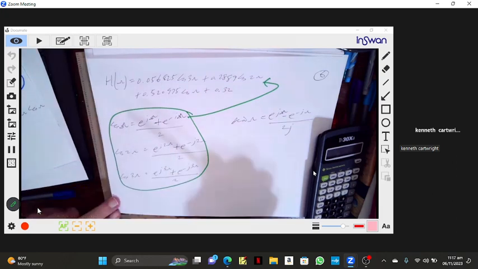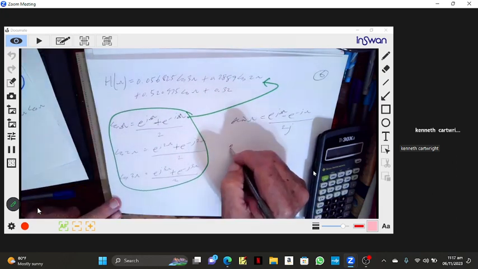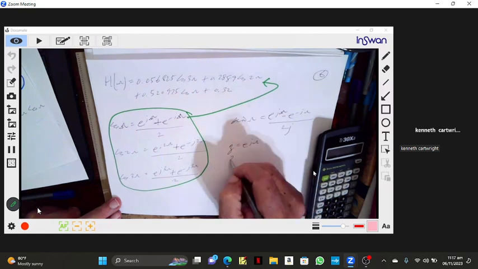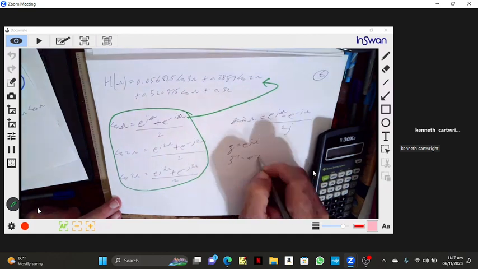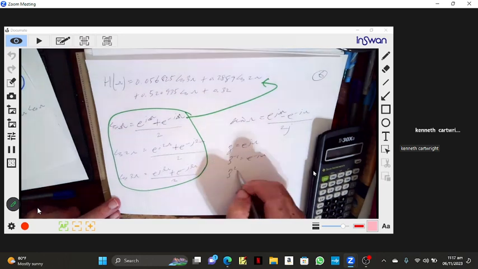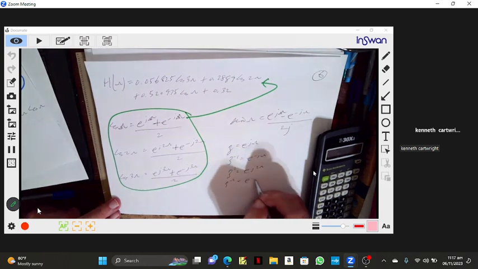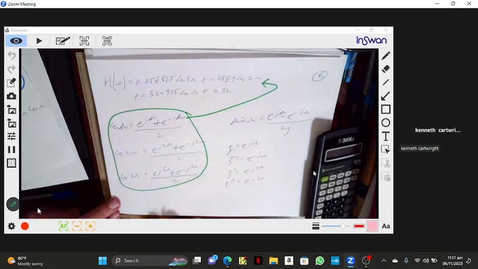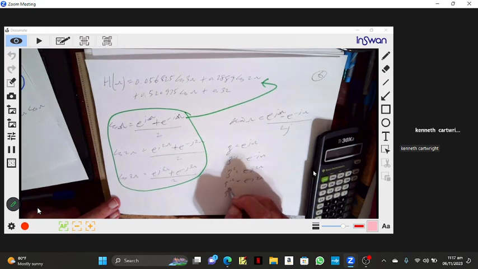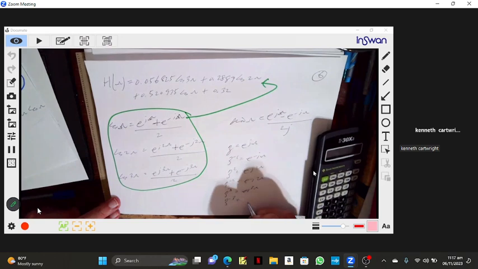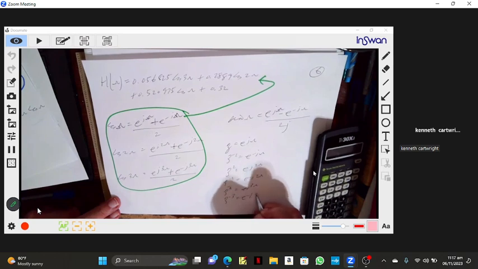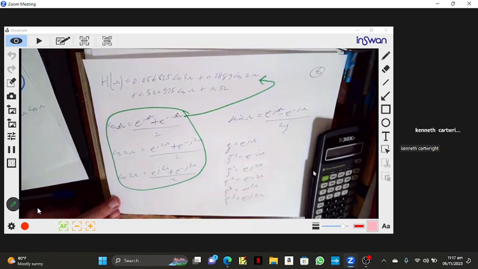And then of course we'll use z equals e to j omega, z to the negative 1 equals e to the minus j omega. z squared equals e to j 2 omega, z to the negative 2 equals e to the minus j 2 omega, and z cubed equals e to the j 3 omega, and z to the negative 3 equals e to the minus j 3 omega. So let's do that.